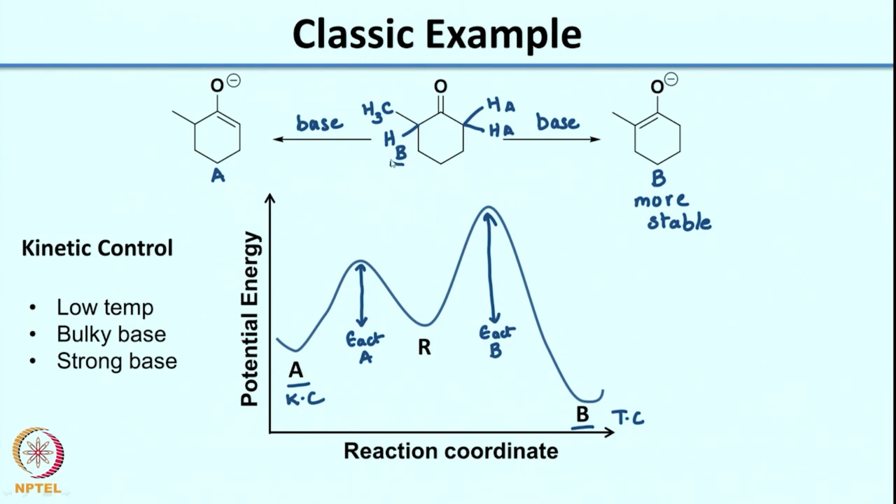So if you use a bulky base, which is a large base, you make this process even more difficult. You end up raising the barrier for this process even higher. So with a bulky base, the second peak activation energy becomes even higher, so the reaction goes under kinetic control.